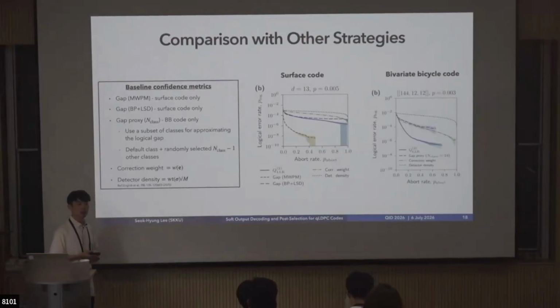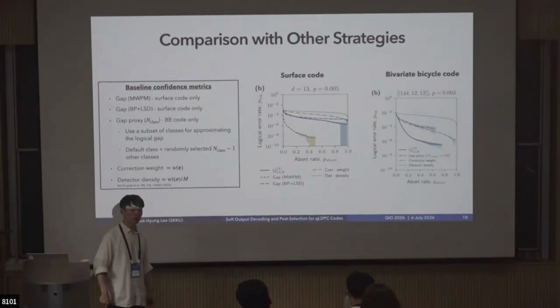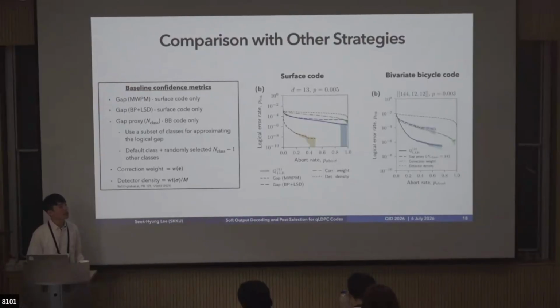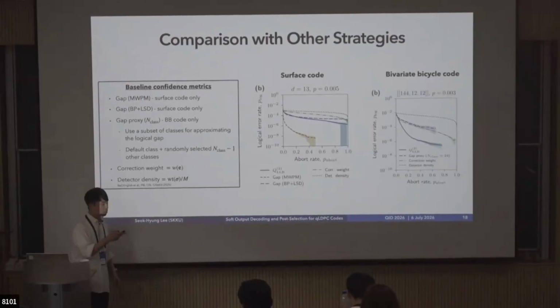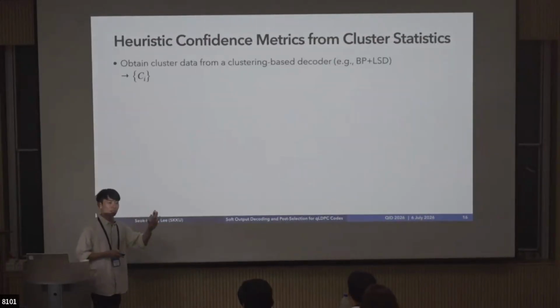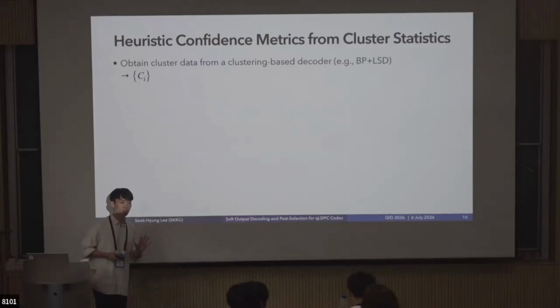Why is minimum weight perfect matching so good? Oh, you mean the gap for minimum perfect matching? Sure. The key idea was whether the weight of the correction we get represents the likelihood of the logical class.